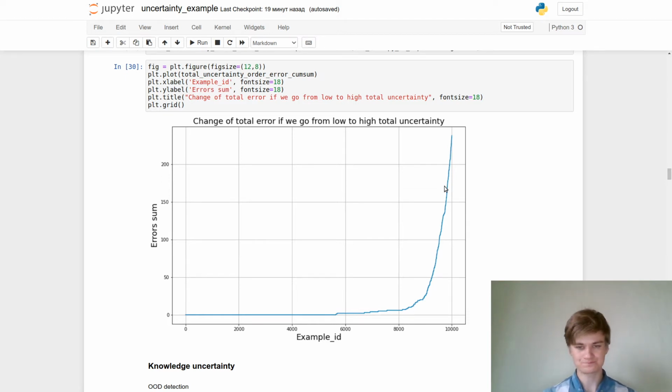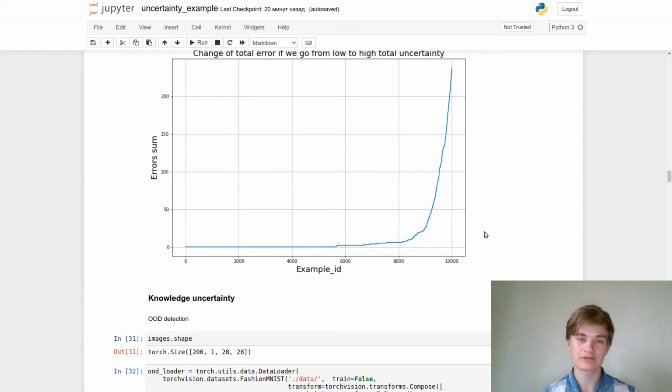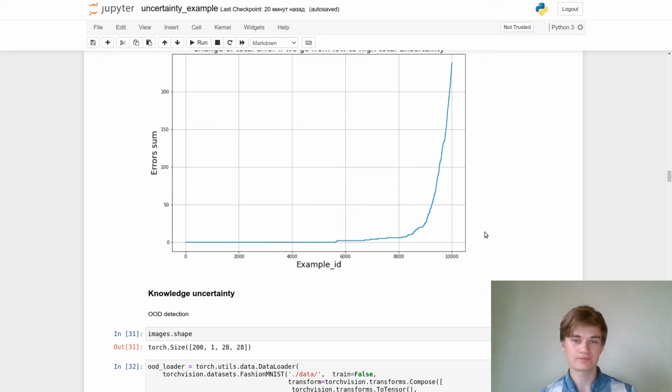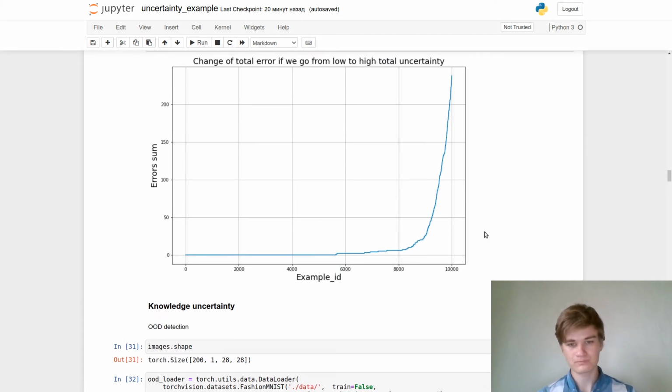So it means that it is true that for cases with high uncertainty we have high probability of error, and we can use this to, for example, use our model in such way that if the uncertainty of our prediction is under some threshold, then we will trust our model.